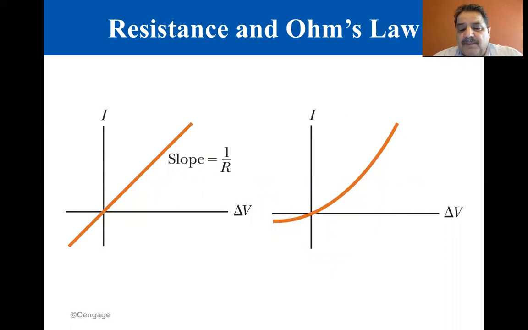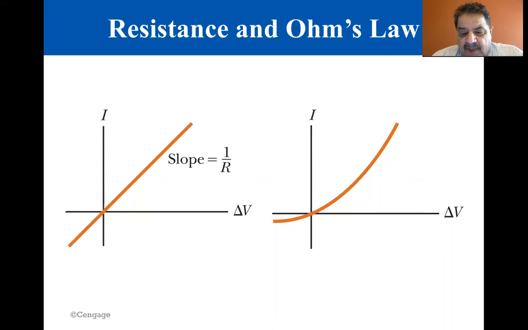Okay, Ohm's law is an empirical relationship and is only valid for certain materials. Materials that obey Ohm's law, which means that they have a constant resistance over a wide range of voltages, are said to be ohmic. Materials having resistance that changes with voltage or current are non-ohmic. Ohmic materials have a linear current-voltage relationship over a large range of applied voltages, as illustrated in the figure on the left.